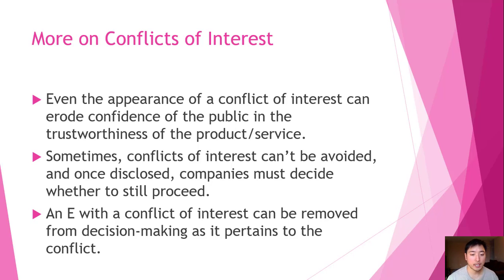And an engineer with a conflict of interest can be removed from decision-making as it pertains to the conflict. So even though there are conflicts of interest, sometimes they can be avoided.